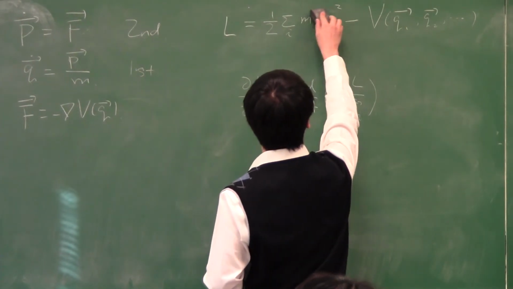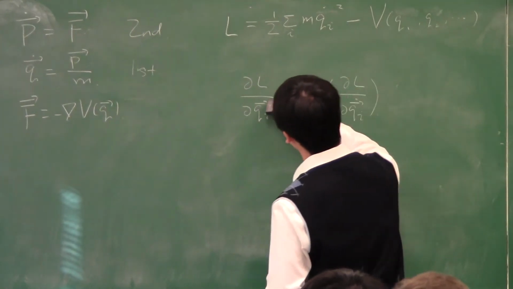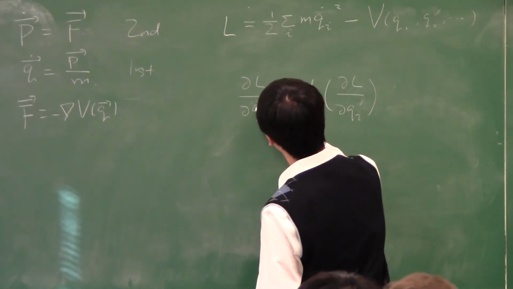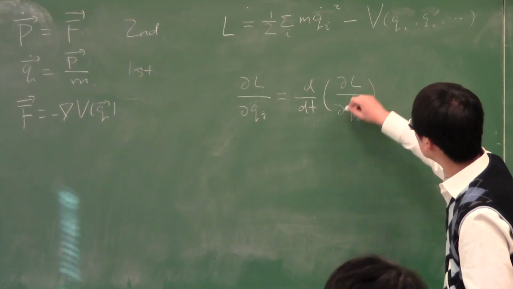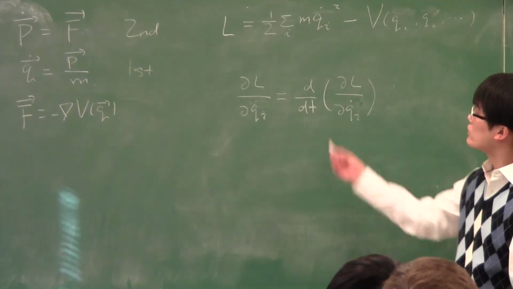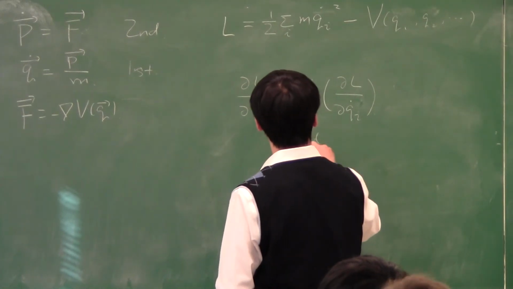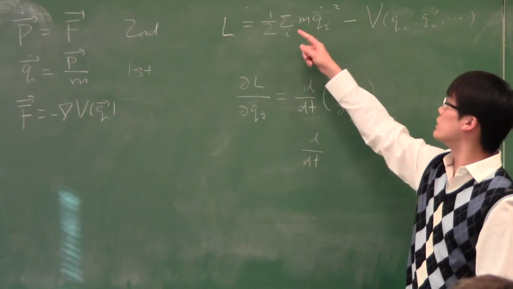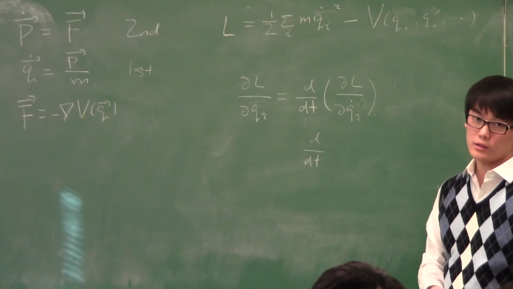Imagine that everything is in one dimension, and i labels the particle number. If you just compute it, you'll find that what we end up with is, this takes care of the 2, and then you have basically the time derivative of m times the velocity, which is ma, right?